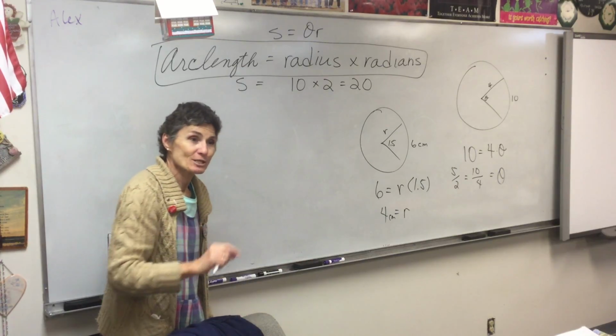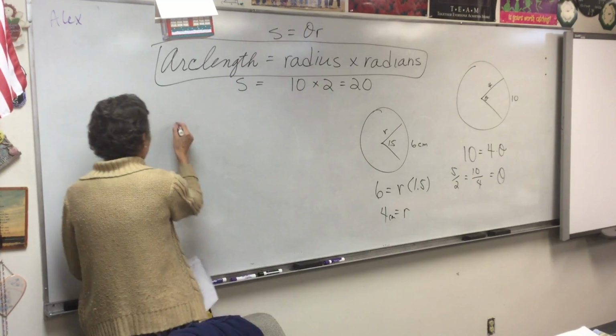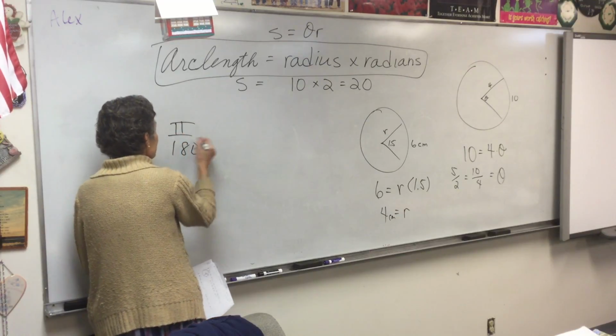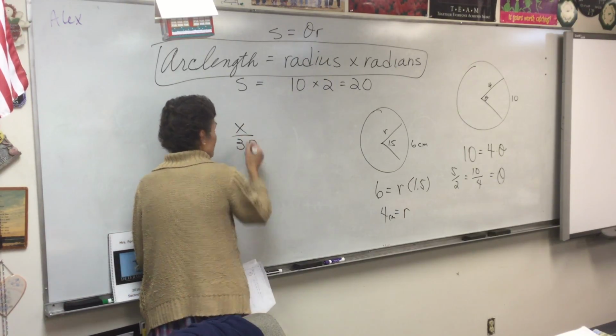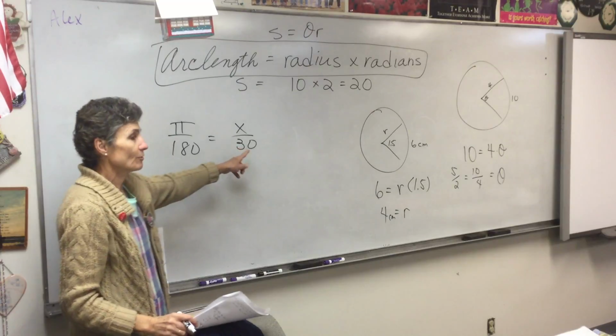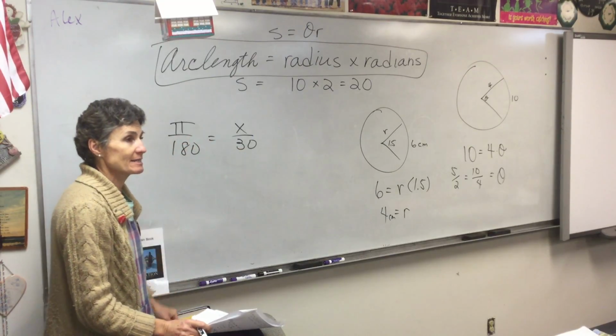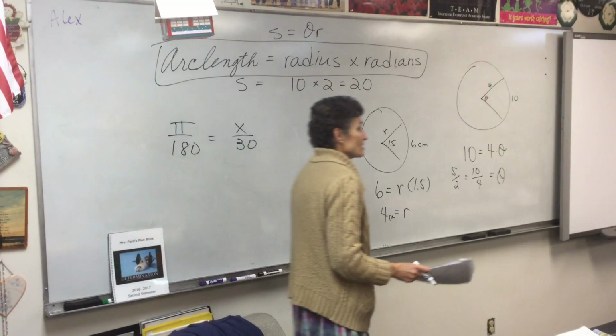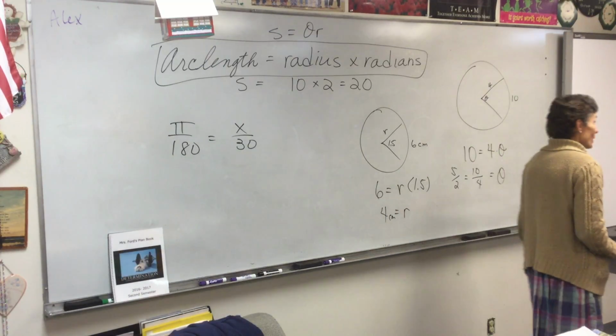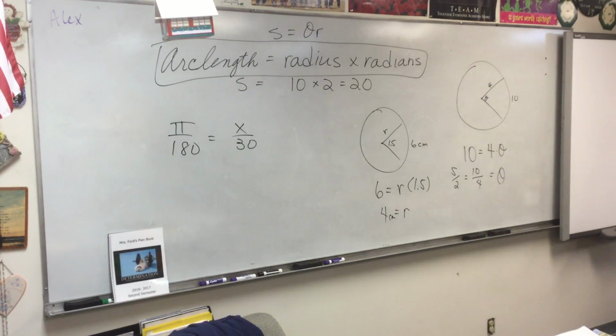And that's the very first thing we did today. Pi over 180 equals something over 30. 30 degrees is your angle. I need to know how many radians that is. So I find the number of radians by doing pi over 180 equals x over degrees.